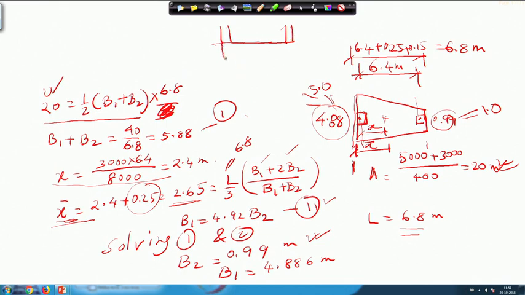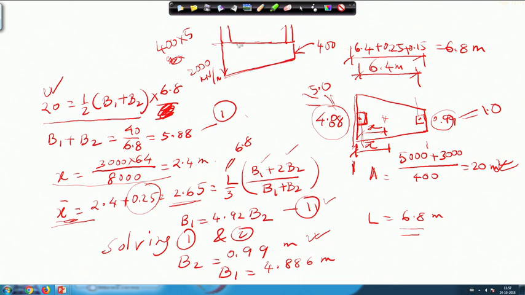So, your pressure diagram will be something like this, because this will be Q multiplied by width, that means 400 multiplied by width 5, that is 2000 kilonewton per meter, and here it will be 400 multiplied by 1, so it will be 400. So, one side is 2000, one side is 400, and they will be joining linearly.